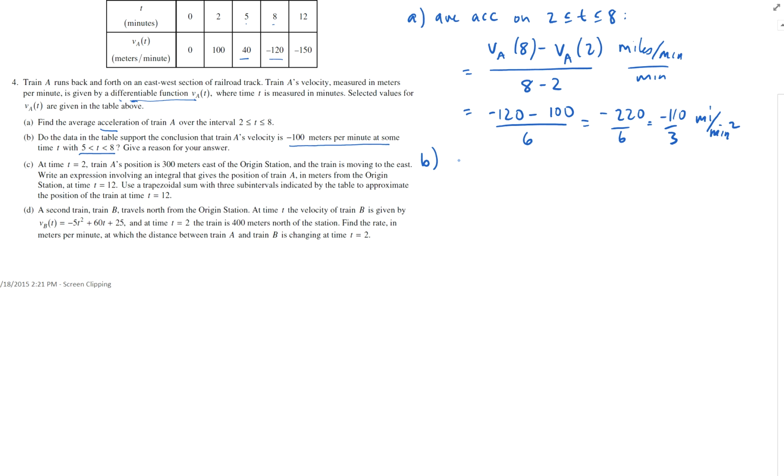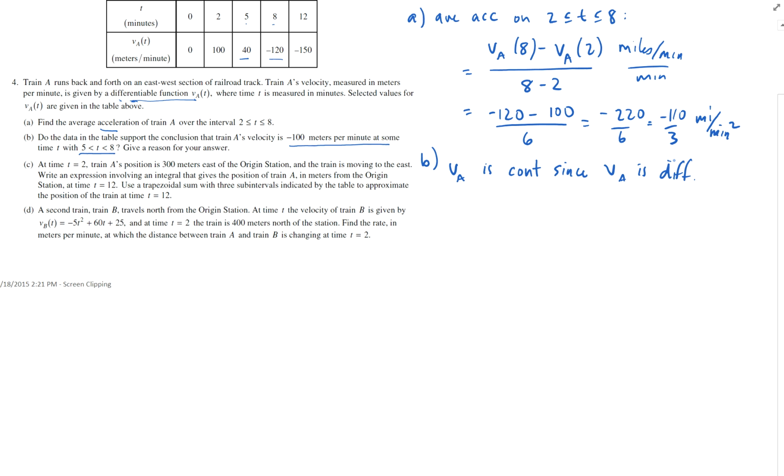And what are the conditions? Actually I can just say this. v_A is continuous. That's the condition. Continuous since v_A is differentiable.